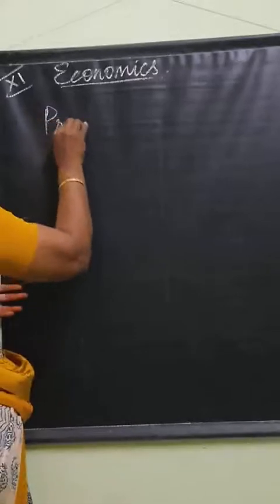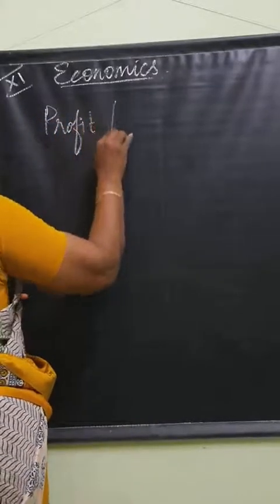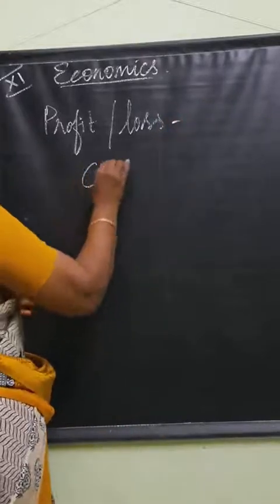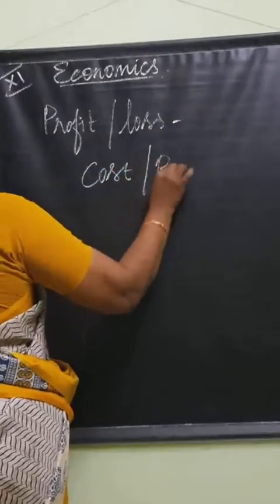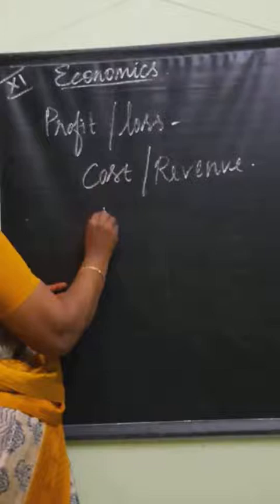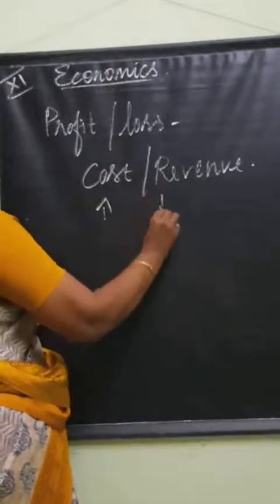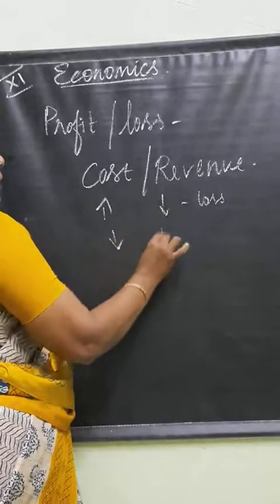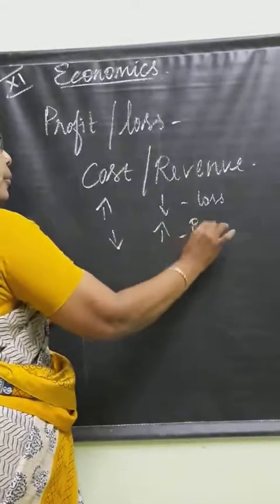So a firm's profit or loss is determined by the cost and the revenue, isn't it? If the cost is more, revenue is less, that is loss. If cost is less, revenue is more, that is profit.